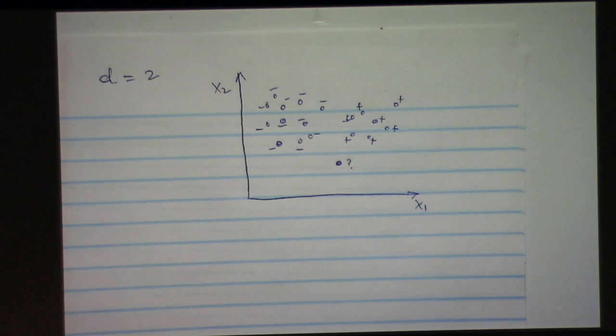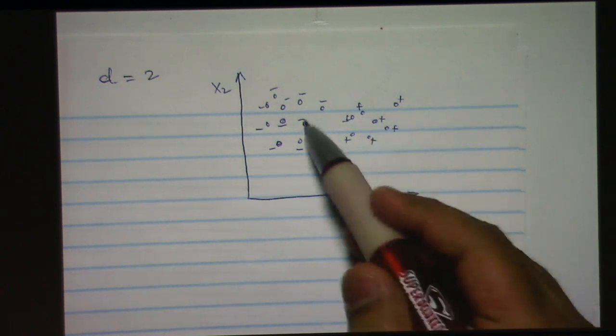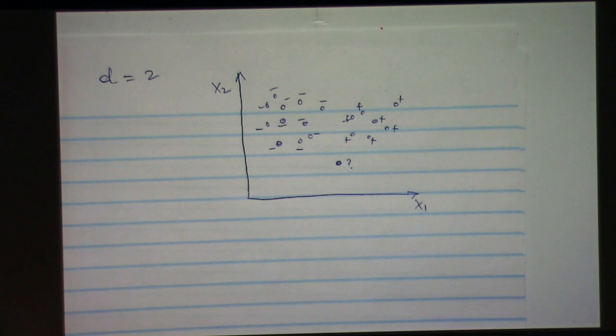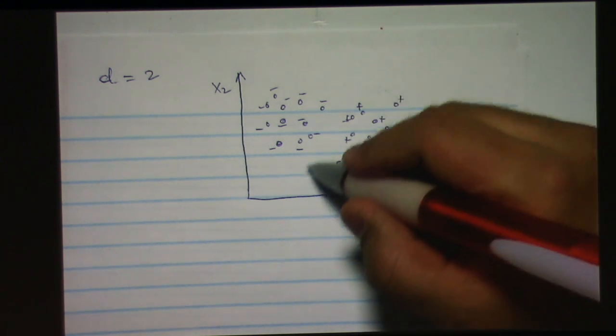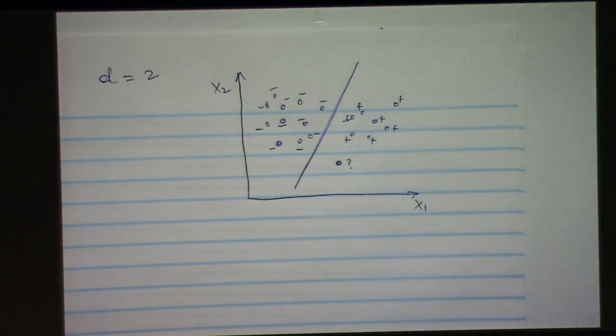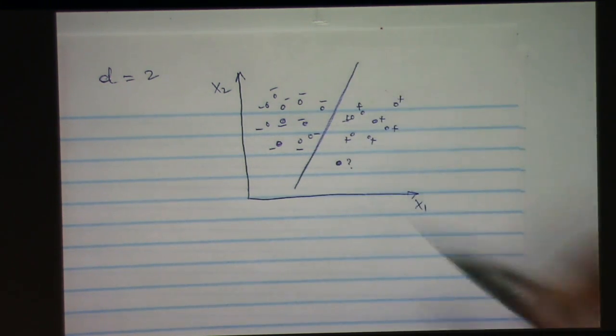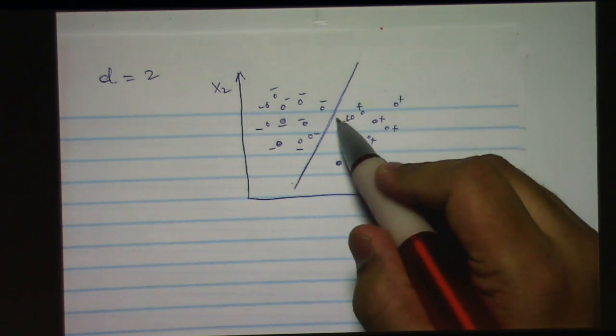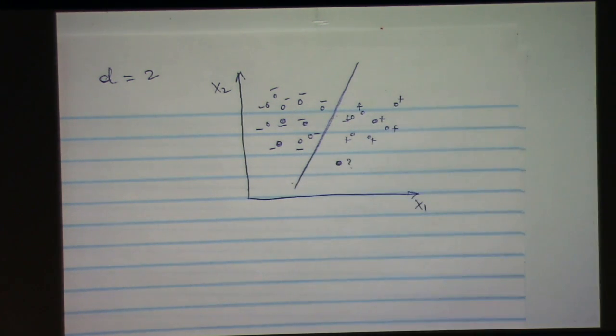So this is where we will make our first inductive bias. What we are going to say is that even though there could be any process through which these were labeled, we are going to assume the way they were labeled was that there was a straight line that Mother Nature drew and then called everything on this side positive and everything on that side negative.